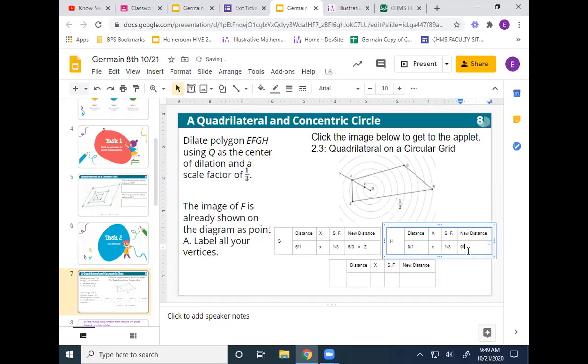And my new denominator, 1 times 3, gets me a denominator of 3. 3, nice job. And if I simplify that fraction, that's equal to what number? Nice job, 3. Sam. Nice job, Edgar. 3, very good. So my new distance for point H is going to be 3 out.